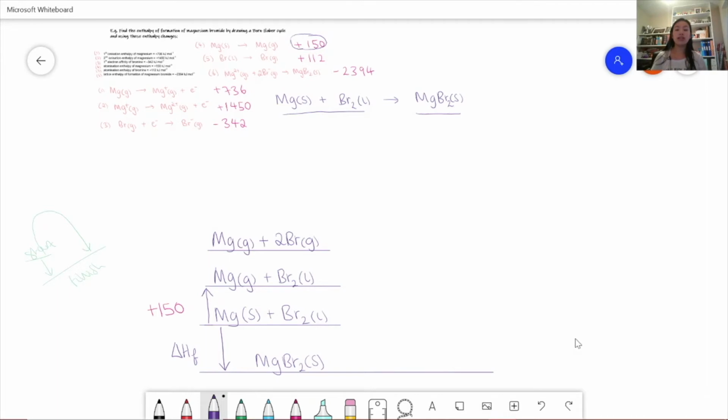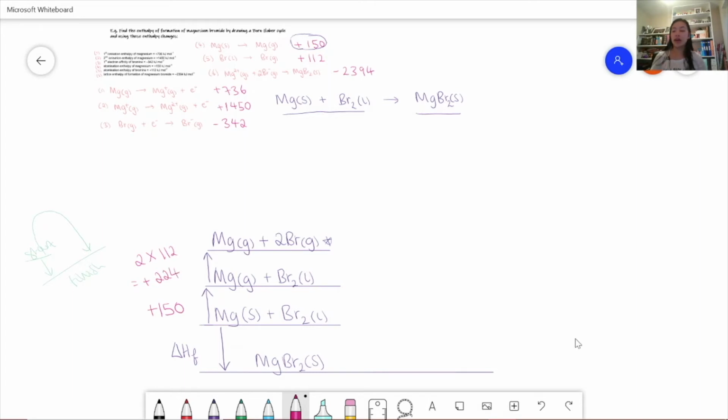So because here we're forming 2 gaseous moles of bromine, that means that we need to times the plus 112 kilojoules per mole by 2, because we're using 2 times the atomization enthalpy of bromine. And so we draw an arrow up because it's endothermic again. And then this time the number is going to be 2 times 112, which equals plus 224.